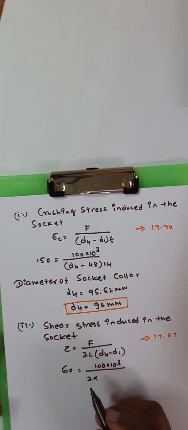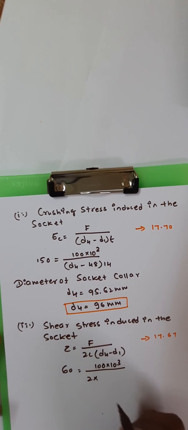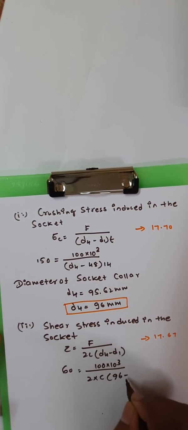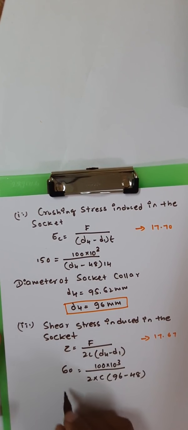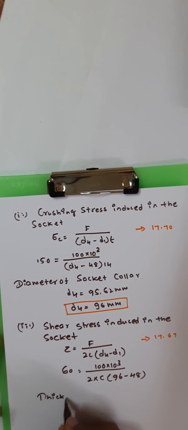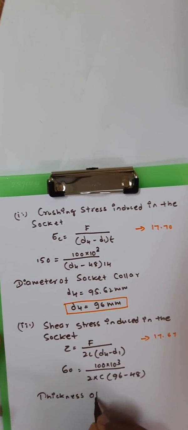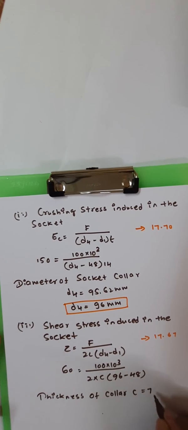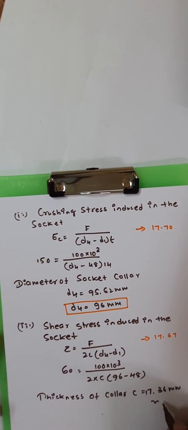C is nothing but the thickness of the socket collar, and we know d4, 96 minus 48. If we simplify this, we get the thickness of collar c is equal to 17.36 mm. We will make it 18 mm.